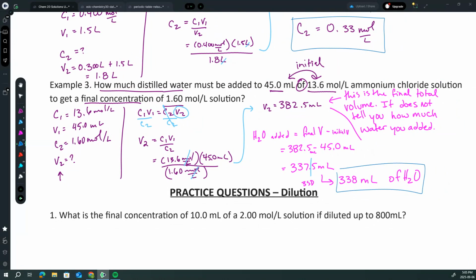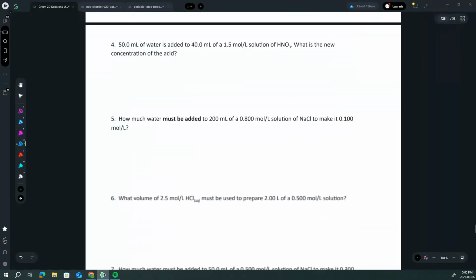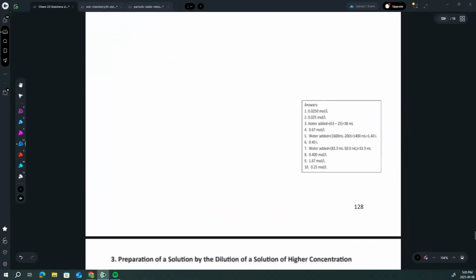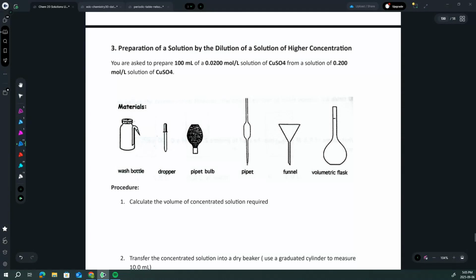All right, let's move on past these practice questions to the next part here. The reason why we want to get good at figuring out how much water we need to add in order to create a dilute solution is because these are skills that you'd need to have in order to do a dilution lab.